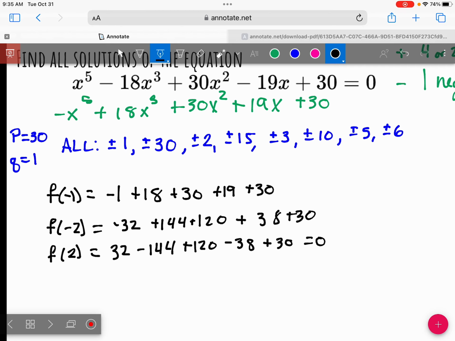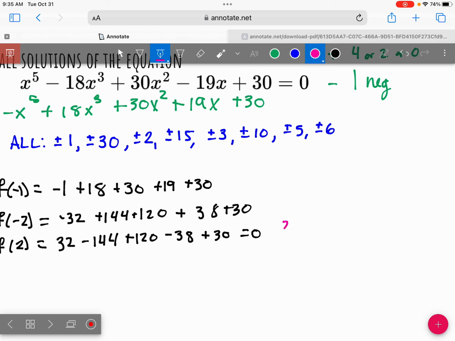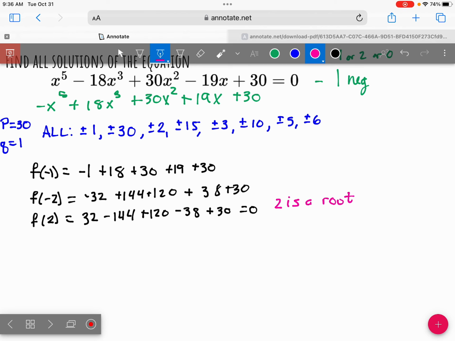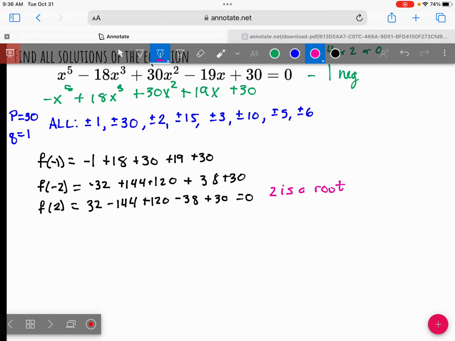Keep saying factor. So 2 is a root. It doesn't matter what order you go in to get there. But we know 2 is a root. So we're going to divide out 2. When we set up our synthetic division, we're going to be super duper careful, because what are my coefficients going across?